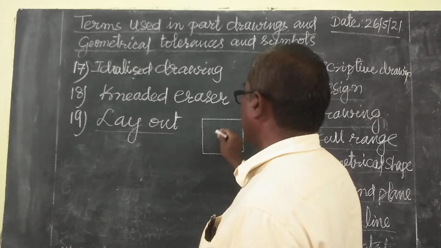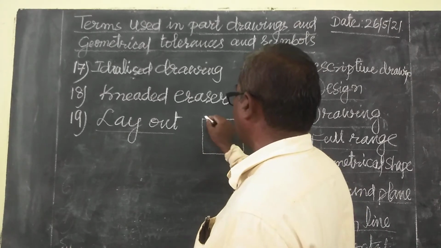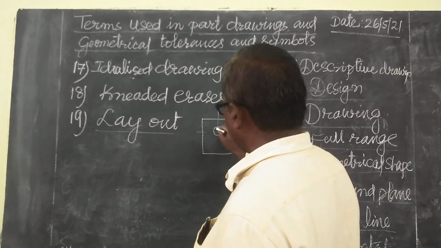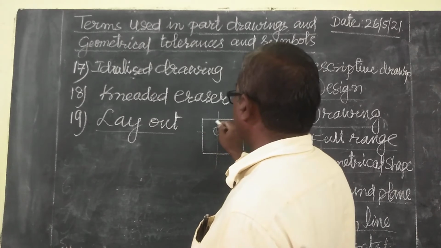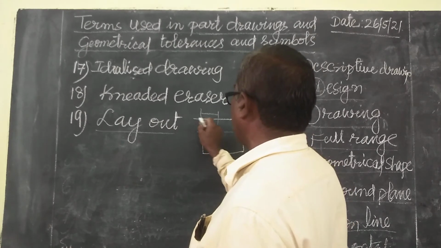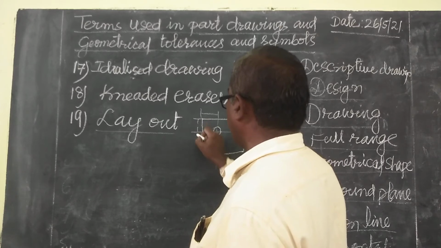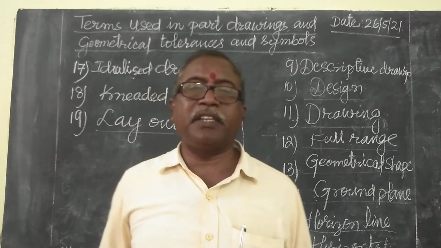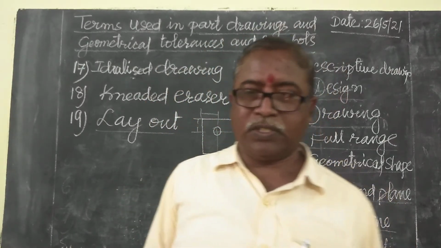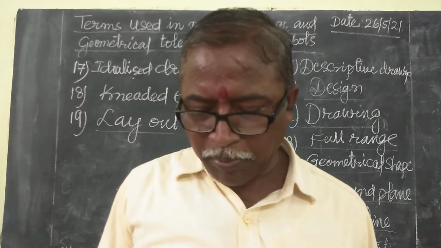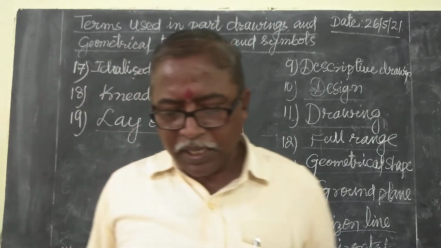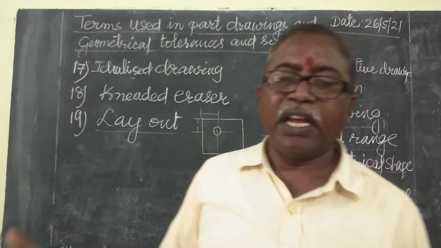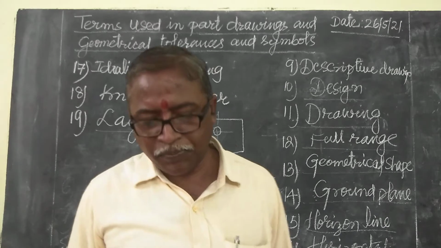In this plane, the hole we want to make here, what is the distance from here to here and what is the distance from here to here? We are going to mark the position, that is called layout. Layout is the placement of the image within a two-dimensional format. One is this side and another one is that side.